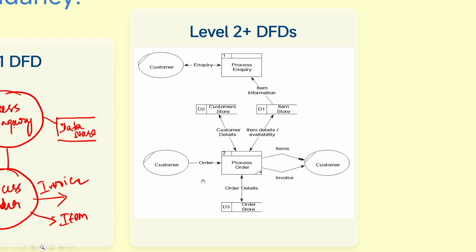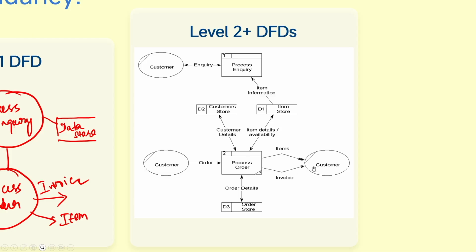Okay. In this phase, the customer orders and this goes to the process called process order, and this will check the customer details and item availability in the item store, and since this is an order, you have to update the information with respect to the customer and which item they have ordered in the order database, which is D3. Okay. And when everything is done, the items will be given to the customer along with the invoice.